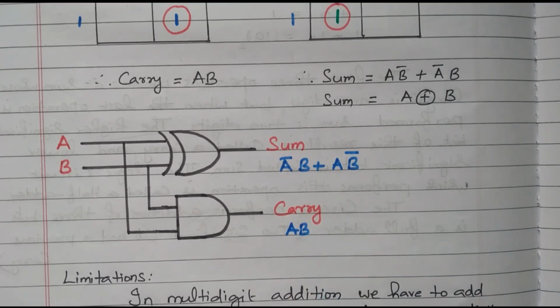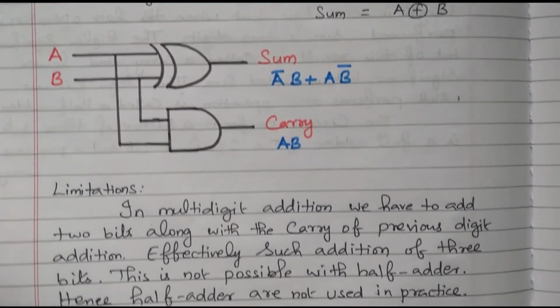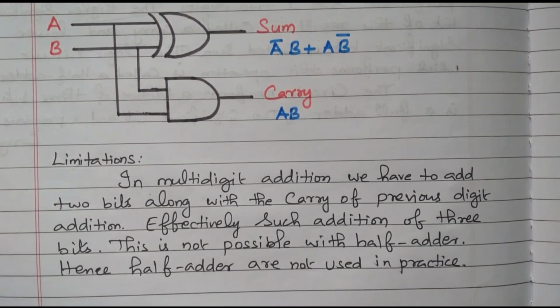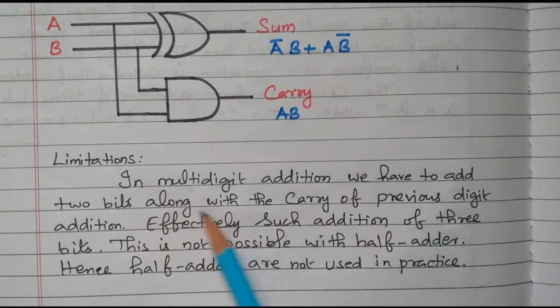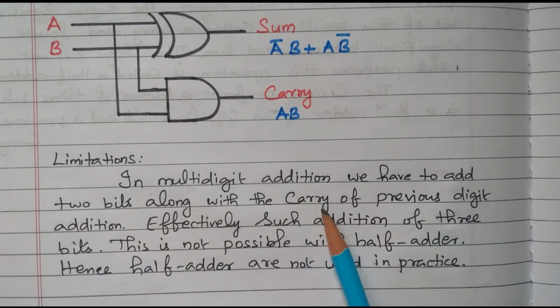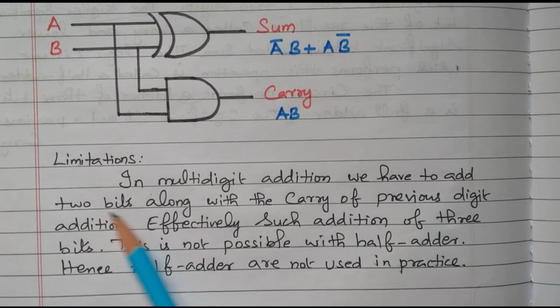Now we'll see what are the limitations of this half adder. We already discussed that here only 2 bits are available, but practically what we need is 3 bits, that is 2 inputs and carry. So in multi-digit addition we have to add 2 bits along with the carry, right? So practically only 2-bit addition is not enough.